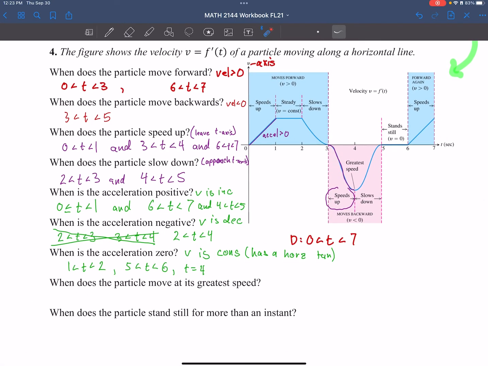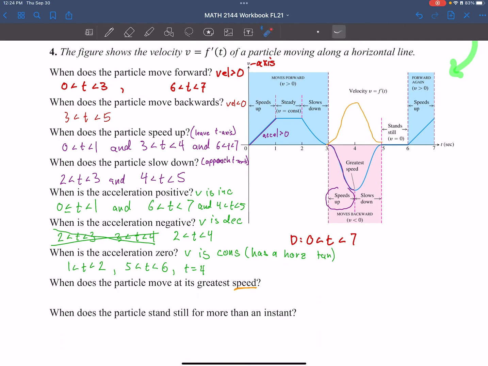Two other questions are posed down here for us. When does the particle move at its greatest speed? We have to be careful here because, again, speed is the absolute value. If we were to graph the absolute value, I'm going to put it here temporarily. That was not matching. Let's try that again, roughly, assuming I can keep it symmetric. That's a little better.